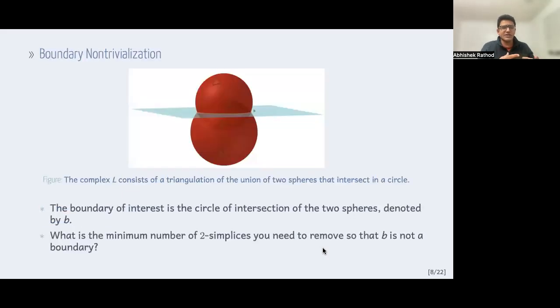Now, the generalization of min cut to a simplicial complex is a problem that we call boundary non-trivialization.